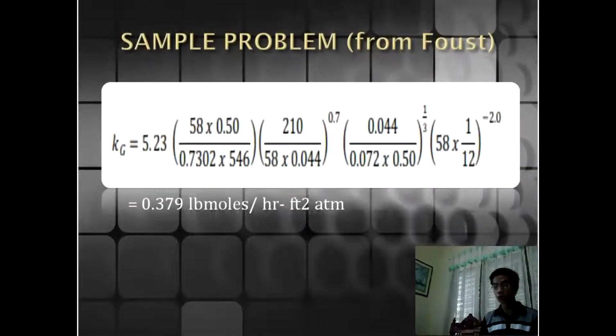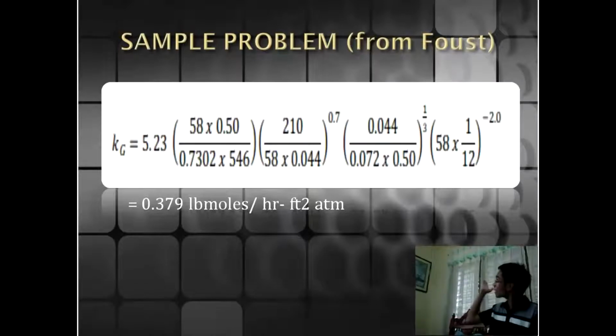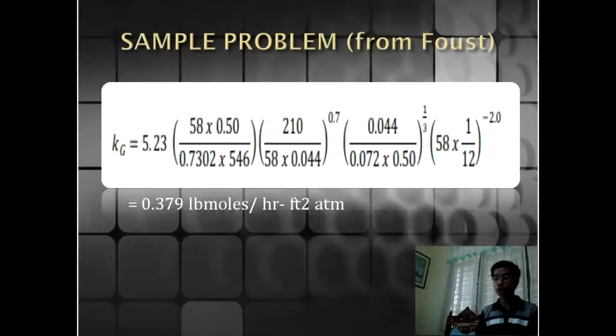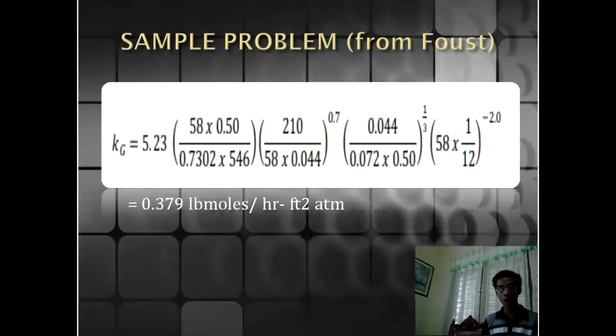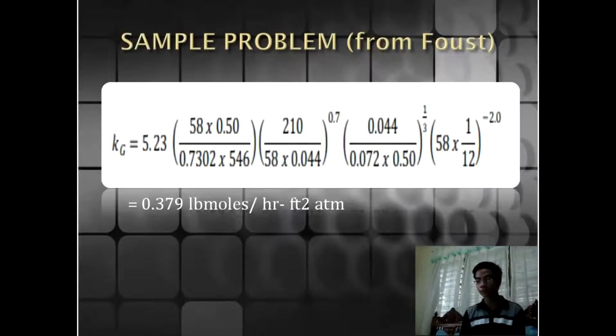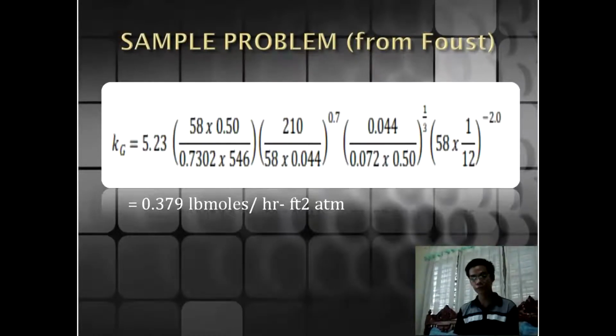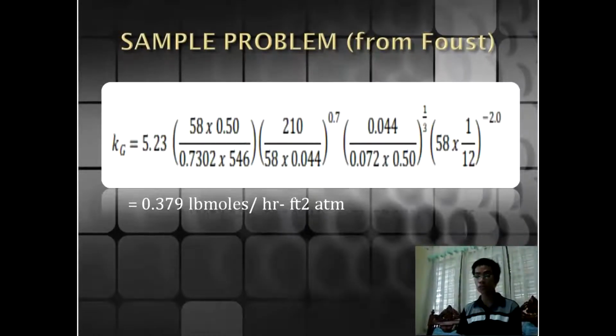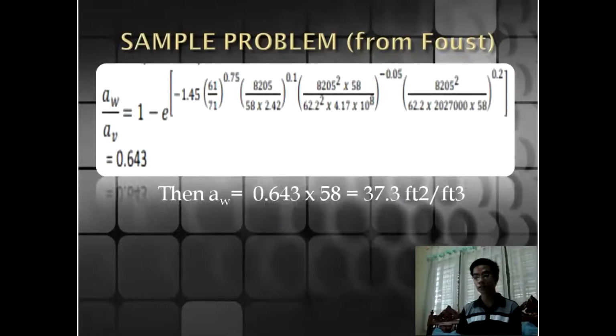Substitution of the values to the equation for the mass transfer coefficient of gas, we get kG is equal to 0.379 pound moles per hour feet squared atmosphere. Then solving for the wetted surface area, we get aW is equal to 37.3 feet squared per feet cubed.